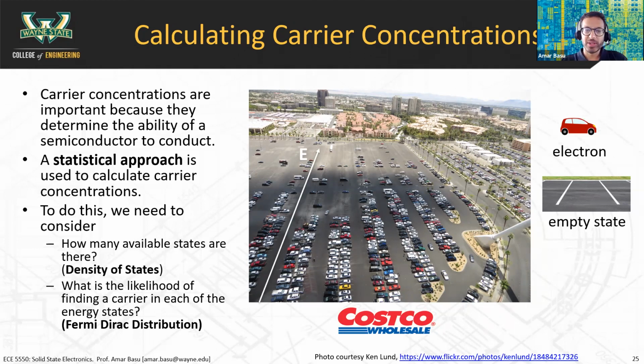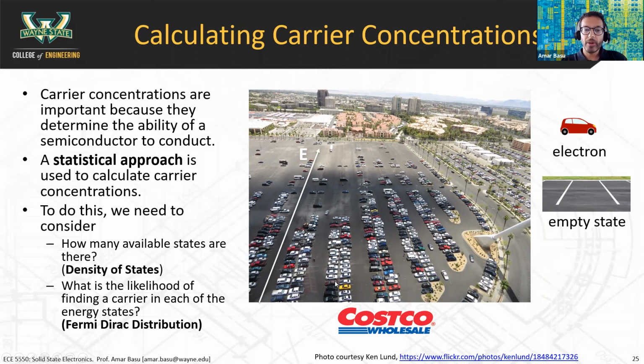A person would expend the least energy walking to the building if they park their car close. So we can think about this as an order of increasing energy. As you go to higher and higher energy states, more of the states are unoccupied, and by the time you get up to this side of the parking lot, it's mostly empty.